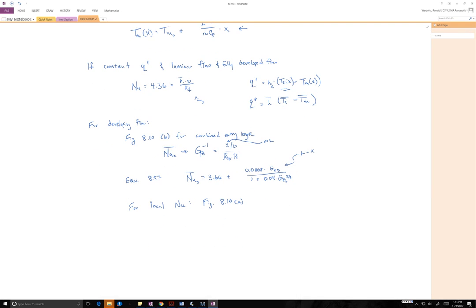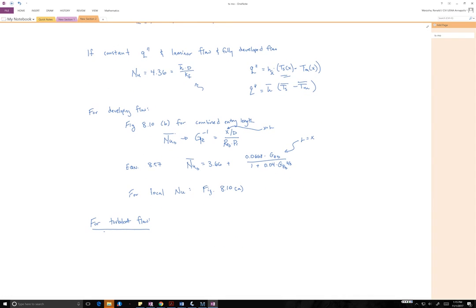Okay. And then finally, if I find that I have turbulent flow, what I can use is the following.